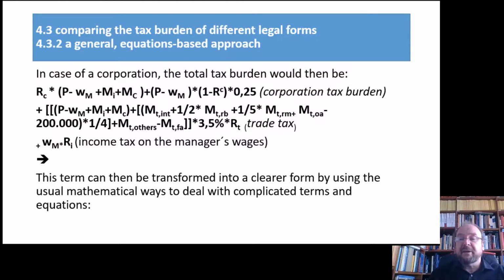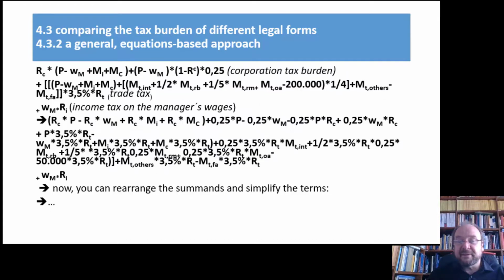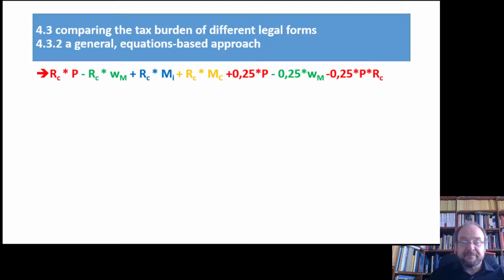Now, you can show this as a nice equation, and you can try to transform this by dissolving the brackets and transforming it into a form where only summands exist. Now you can rearrange them and simplify the whole thing.